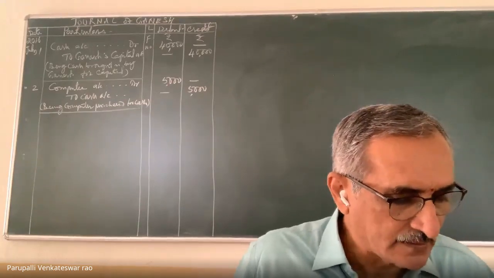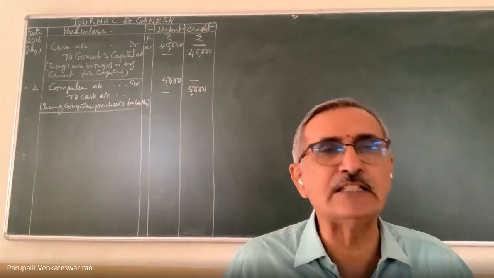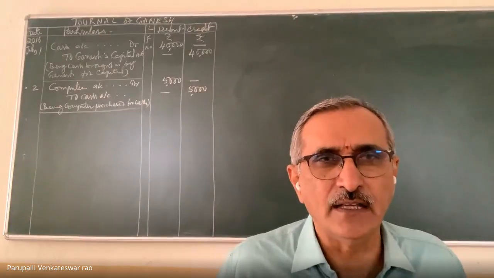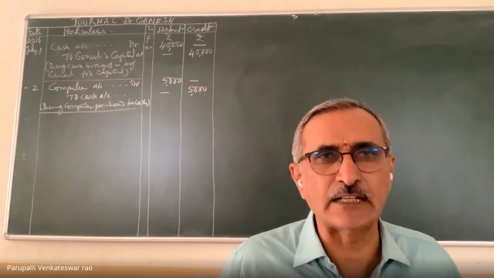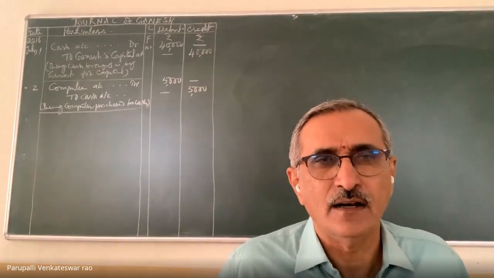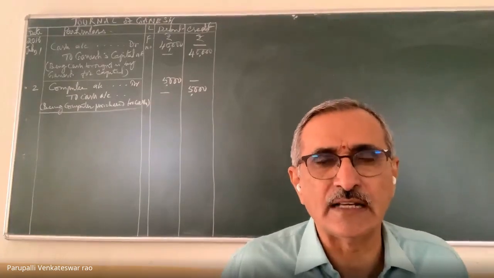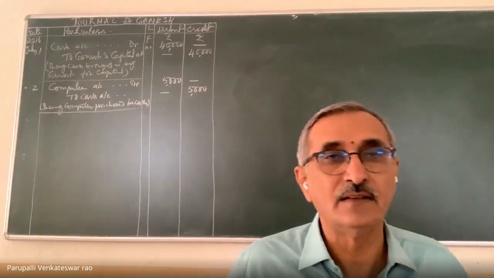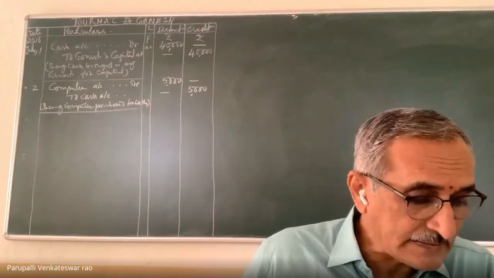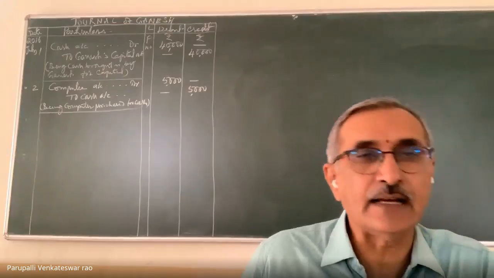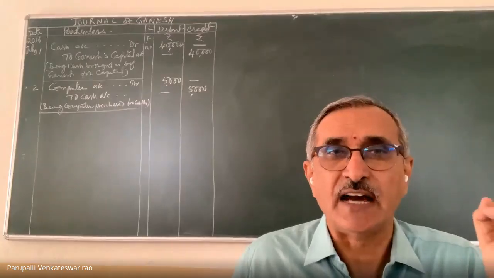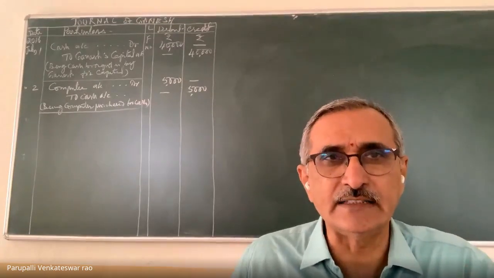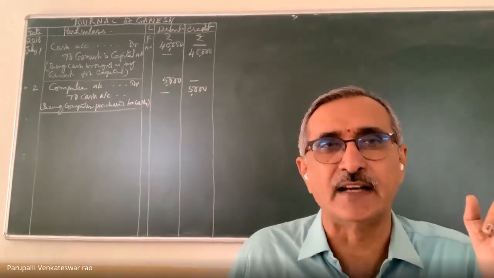Next one, July 13th, wages paid. Wages paid is also an expenditure. Cash goes out and is a real account, so credit what goes out. Now write the entry. Salary account debtor to cash account? If it were salary you would say salary account, but here it is wages paid, not salaries.